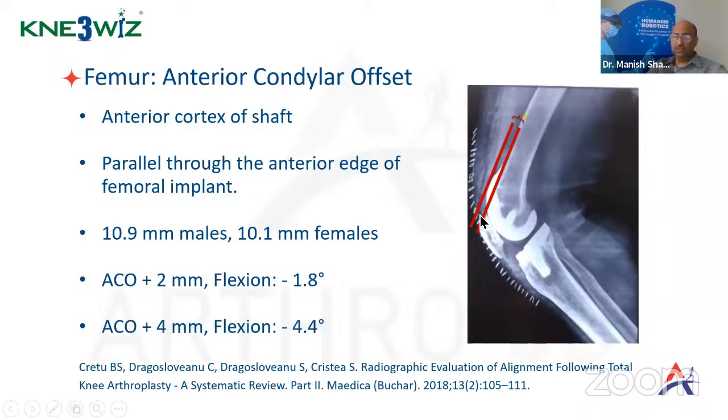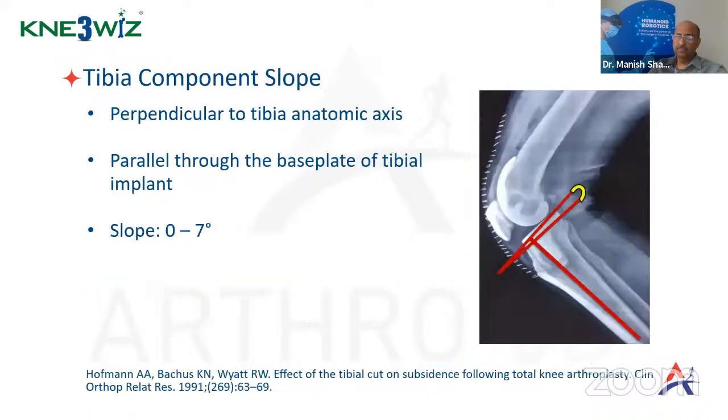Anterior condylar offset ratio: a parallel through the anterior edge of the femoral component. As we flex, this anterior condylar offset decreases. The tibial component: a perpendicular to the tibial anatomic axis and a parallel through the base plate of the implant.